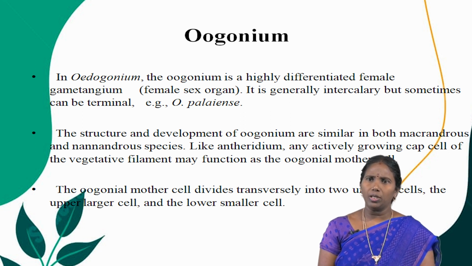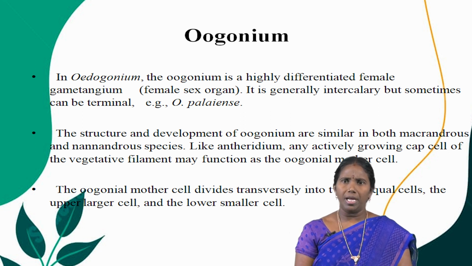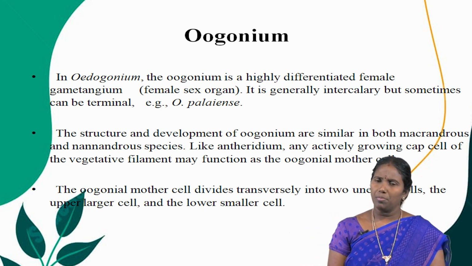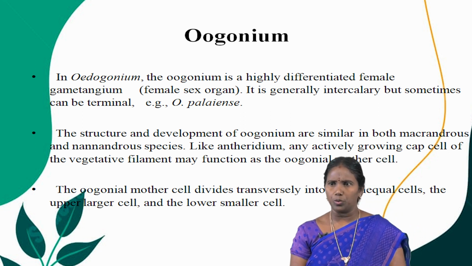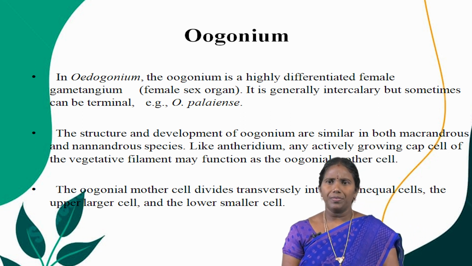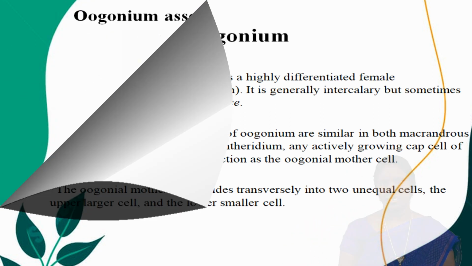Any actively growing cell of the vegetative filaments may function as the oogonial mother cell. The oogonial mother cell divides transversely into two unequal cells, the upper large cell and the lower small cell.